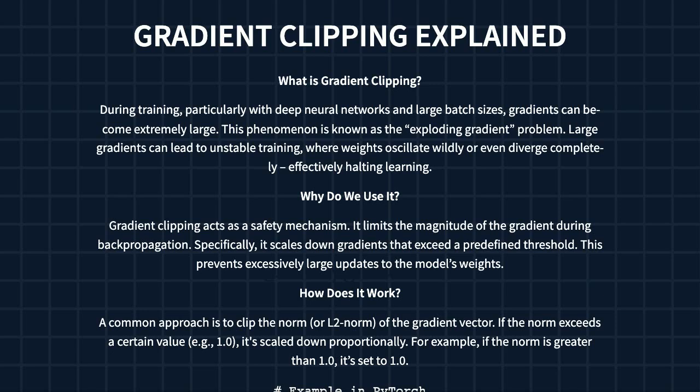Your model essentially bounces around and struggles to learn properly. Gradient clipping is a simple but effective way to fix this by limiting the size of those gradients. It's like saying, okay, you can only change the weights by this much. PyTorch provides a convenient function called clip_grad_norm_ that does exactly this, scaling down any gradient that goes over a certain threshold. Usually 1.0 is a good starting point.